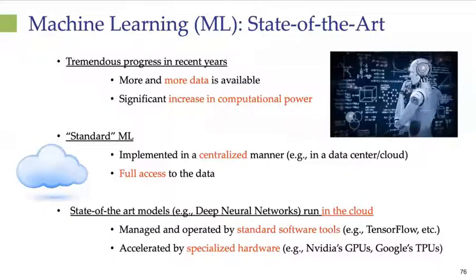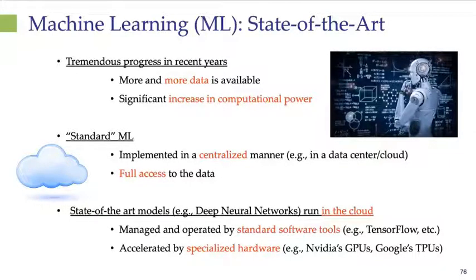So first of all, just take a step back and look at the so-called state-of-the-art, I guess, in machine learning. This is greatly oversimplified, but just to set the stage a bit. So first of all, why has machine learning been such a big thing in recent years? Well, it's not a new technology. Of course, machine learning goes back quite a ways, decades.